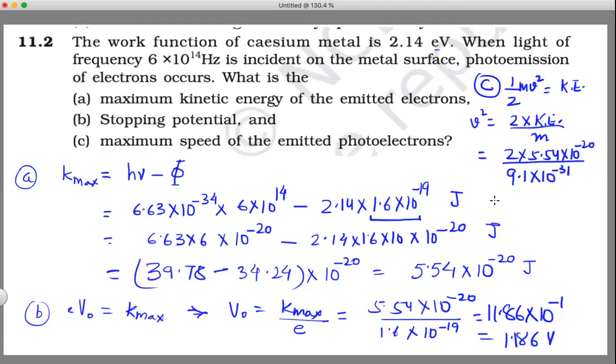So now we have to do this calculation, and it is 2 into 5.54 by 9.1 into 10 raised to the power plus 11. Okay. So V is equal to under root of this.